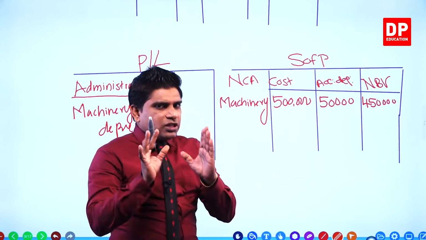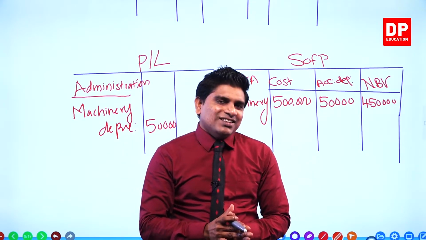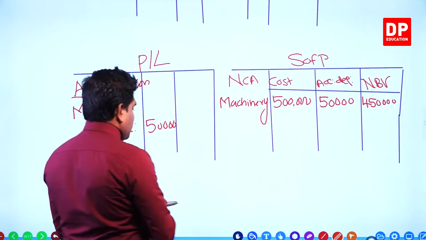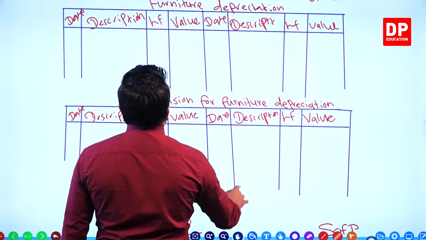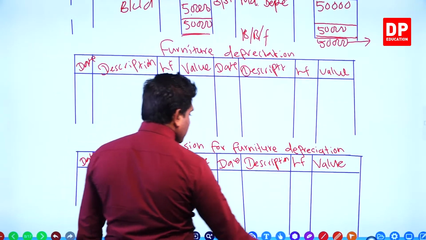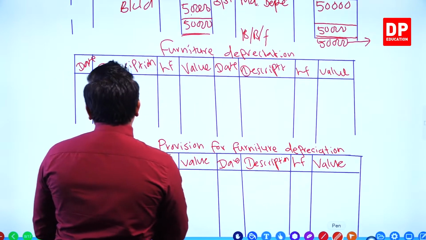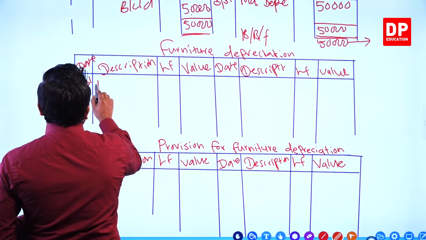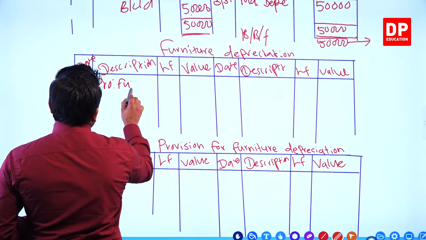So if you understood this one, you can do the other one alone, right? The furniture one. We record the furniture depreciation in the ledger accounts first. You follow the same procedure that we used for the machinery. Here 31st, provision for furniture depreciation.